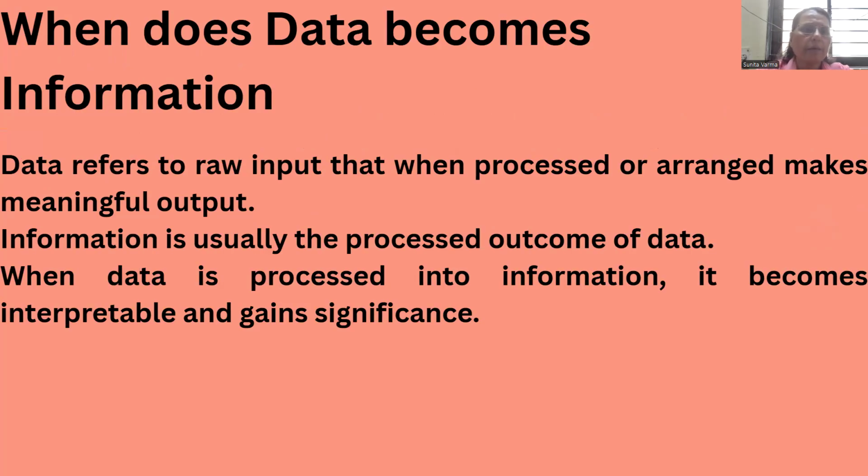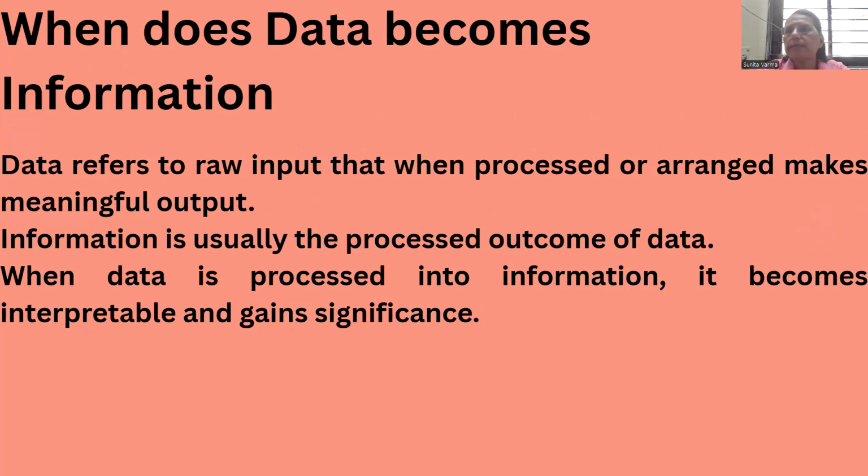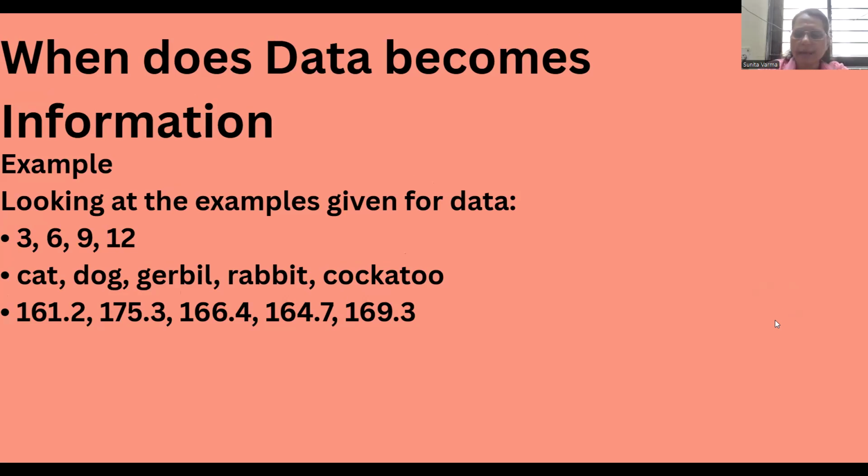When the raw data is processed or arranged into some meaningful output, it is called information. For example, we have seen a series of numbers 3, 6, 9, and 12, or the names of elements.